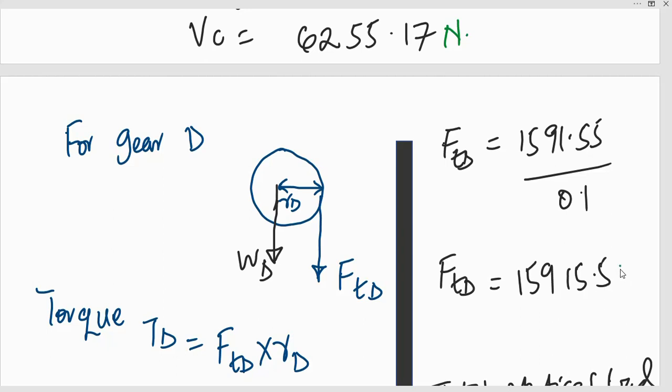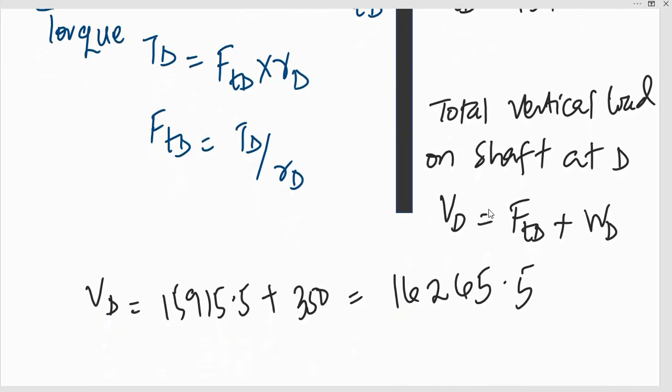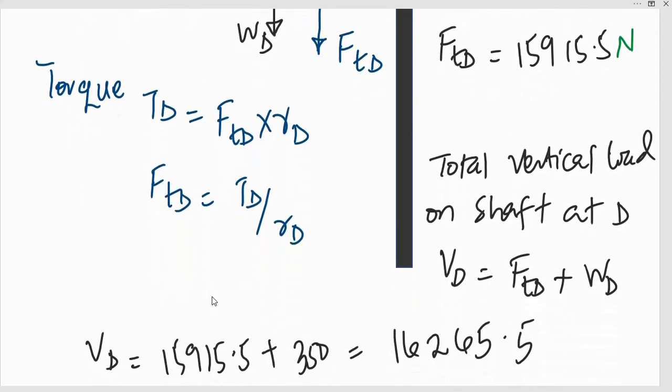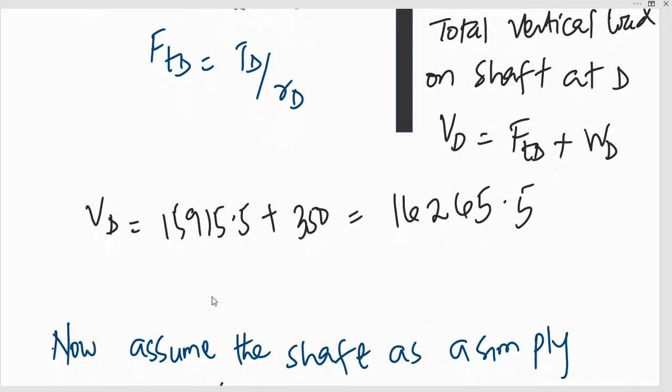15915.5 newtons. So we also need to determine the total vertical load on the shaft at D, which will equal the sum of the tangential force plus the weight of gear D. The weight of gear D is provided as 350 newtons, and the FTD, the tangential component, which is also pointing vertically downwards, we have calculated from above as 15915.5.